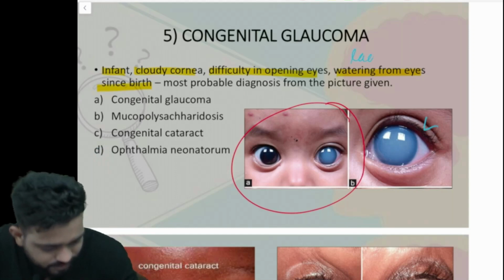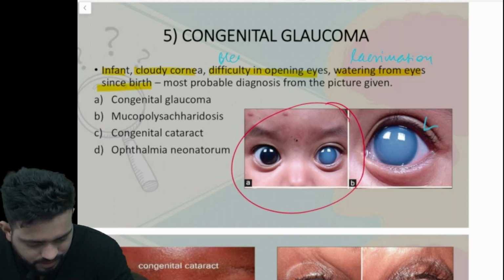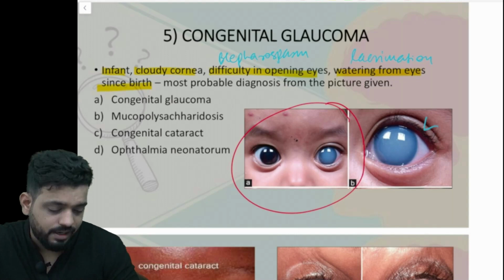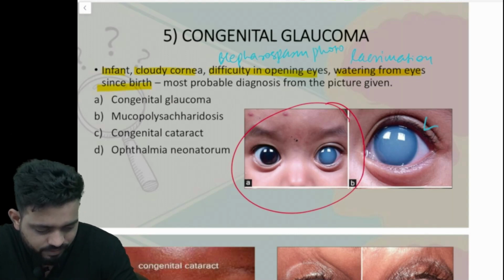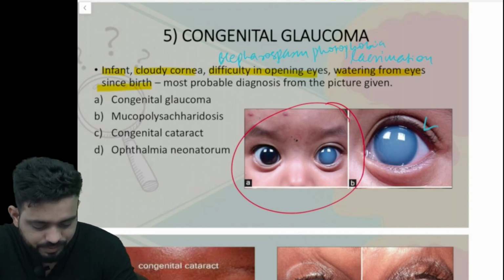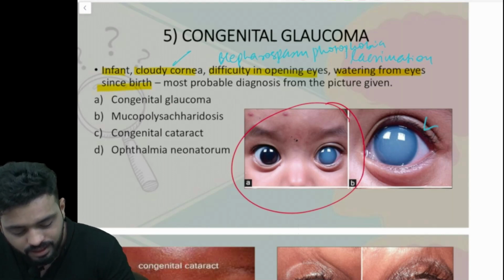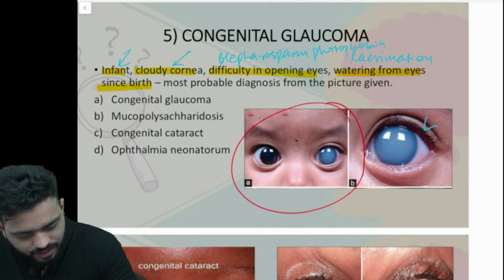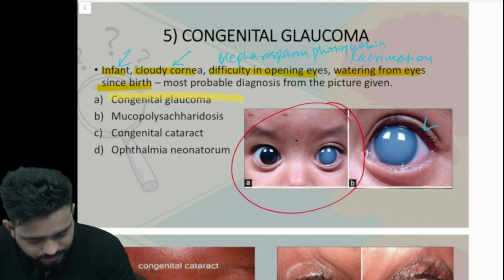Watering from eyes is lacrimation. Difficulty in opening eyes, we can label it as blepharospasm, or there can be photophobia, which is leading to difficulty in opening eyes. More important than that is cloudy cornea in infant. All of this is pointing me only to one answer, that is congenital glaucoma.